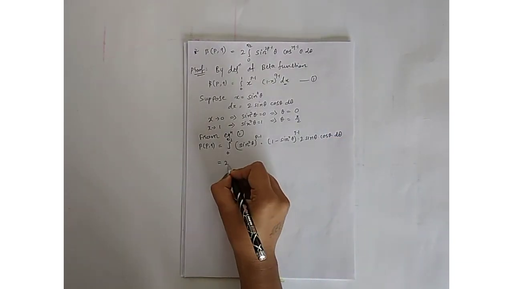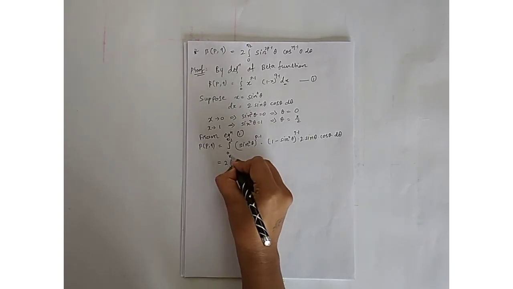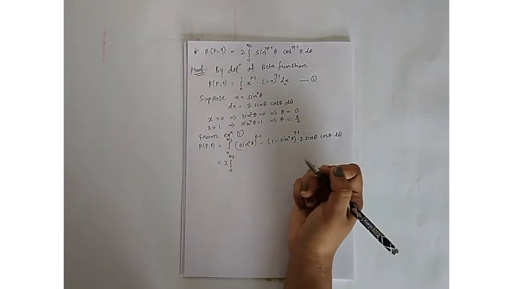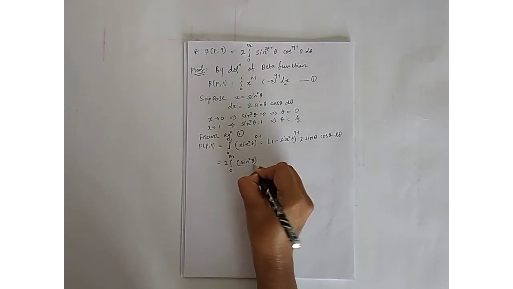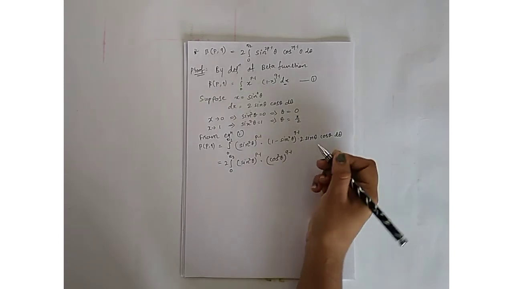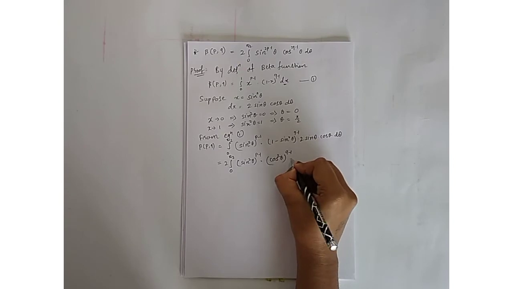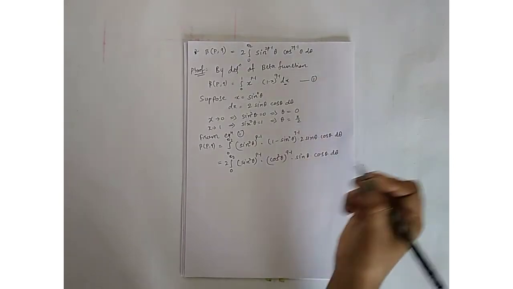Take 2 outside the integral. So 2 times the integration with limit 0 to pi by 2 of (sine square theta) to the power p minus 1 into (cos square theta) to the power q minus 1 into sine theta into cos theta d theta.